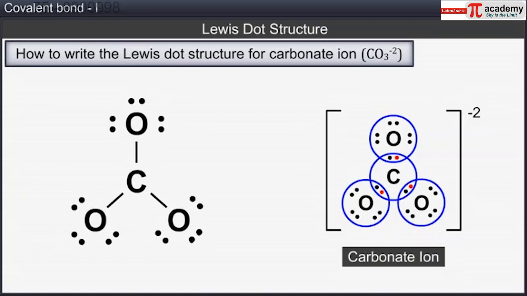This, however, doesn't complete the octet on carbon, if the remaining 2 electrons on this oxygen remain as lone pair. Hence, a double bond between the carbon and the oxygen completes the octet. This results in the following Lewis dot structure.